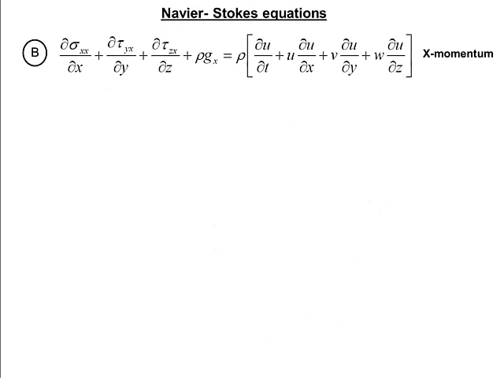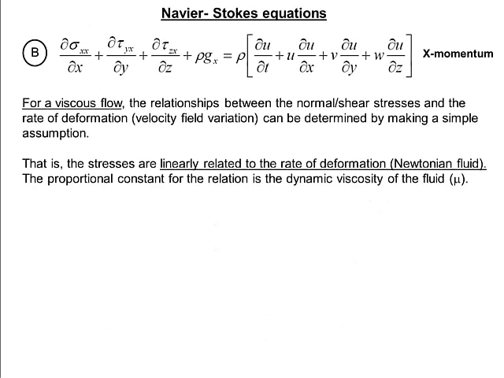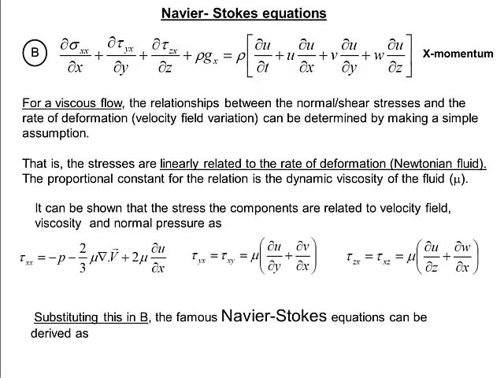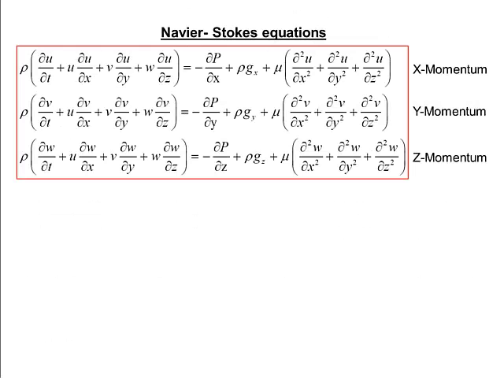Finally, we assume the fluid as Newtonian and express the stress terms in terms of normal pressure, viscosity and velocity field. This substitution back into equation B will result in the famous Navier-Stokes equations. The three components of Navier-Stokes equation are conservation of linear momentum in x direction, simply called x momentum equation, y momentum equation and z momentum equation.